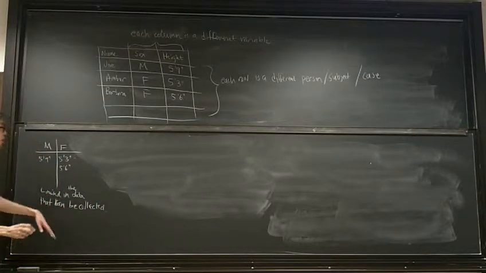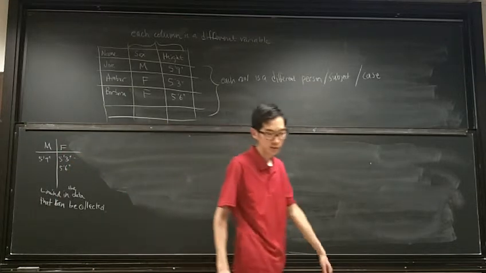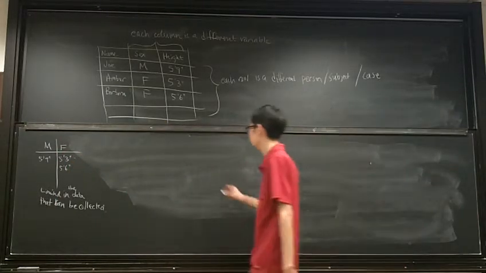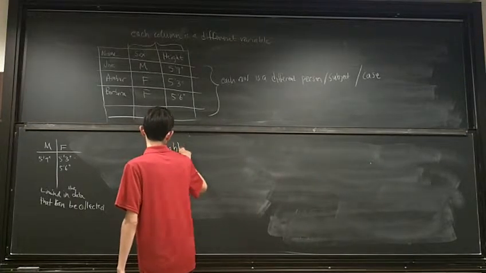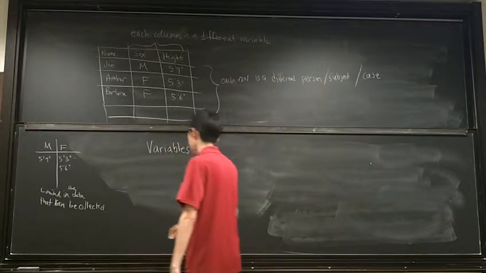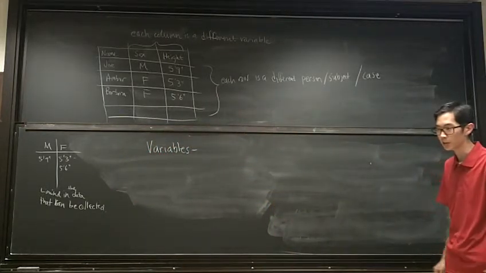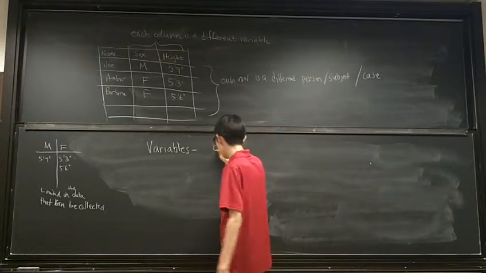It's not wrong, but this offers a little bit more flexibility. Okay. Now, when we look at our different variables, we have two big categories of the types of variables that exist. We've got categorical variables.